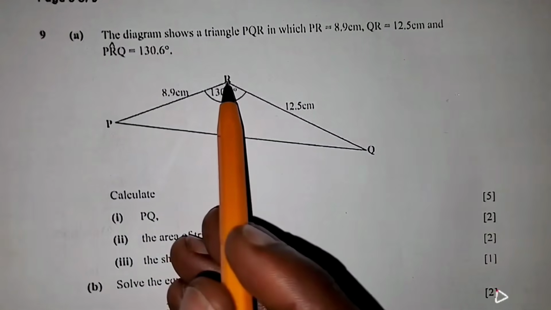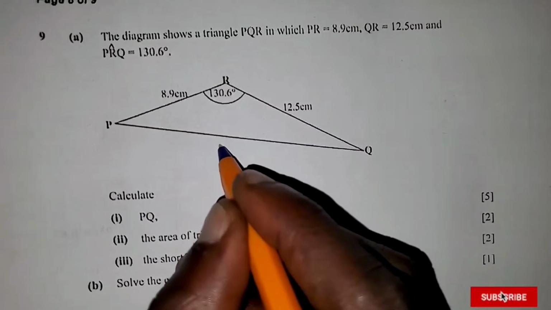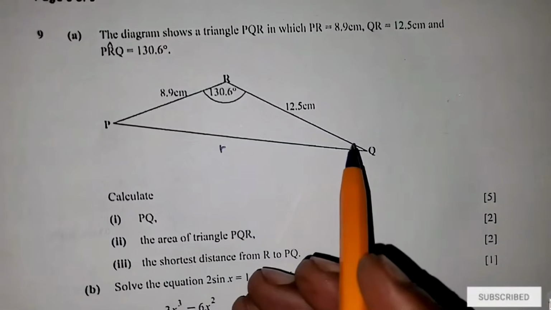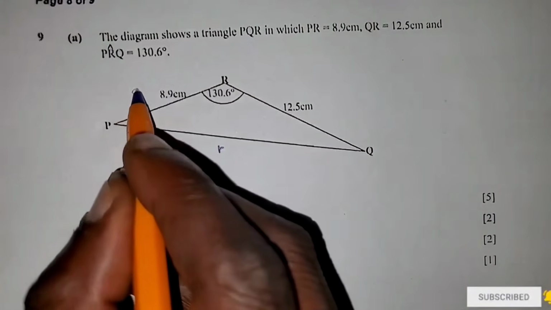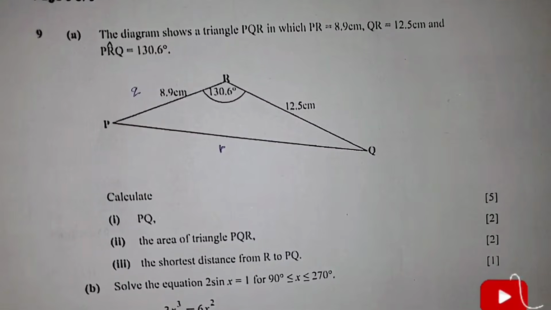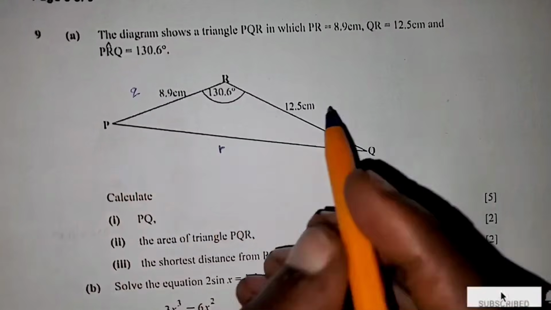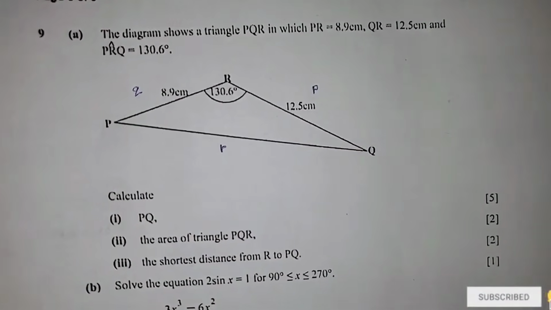This angle here, its opposite side is this side, so you write it with a small letter r. This angle here, angle Q, its opposite side is here, so we write small q on this side. Why are we doing this? We want to come up with a formula. This angle capital P here, its corresponding side is small p.